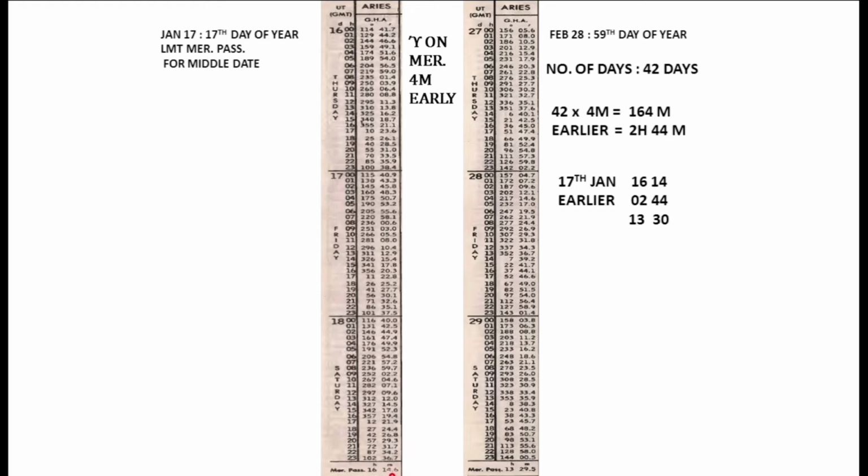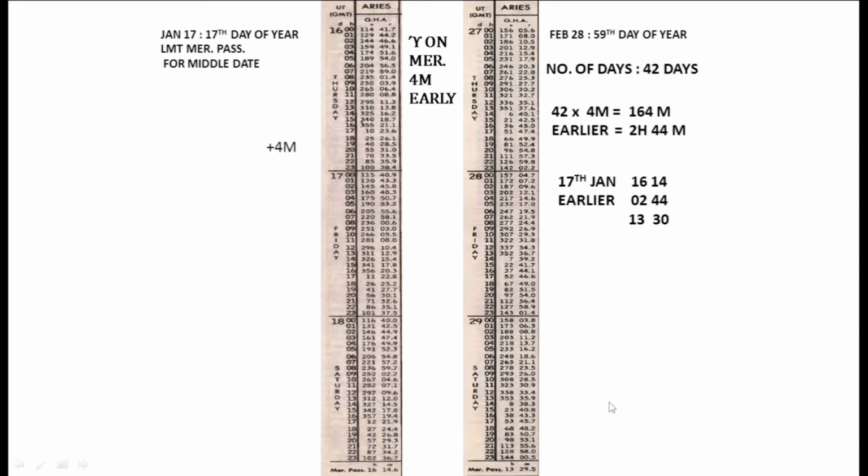I'm not talking about point 0.6 here, and it's earlier by 2 hours 44 minutes. So I just found out the time here, and you can see that it matches nearly with the time given here. So Aries comes on your meridian 4 minutes earlier every day, and as I said, that is the reason that the stars also appear to be rising and setting 4 minutes earlier each day.